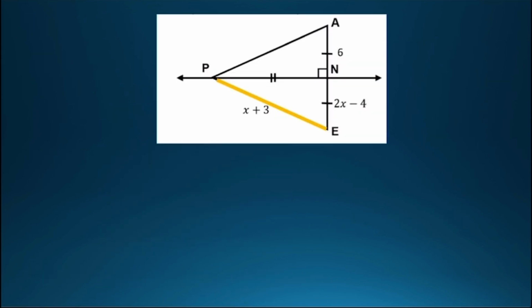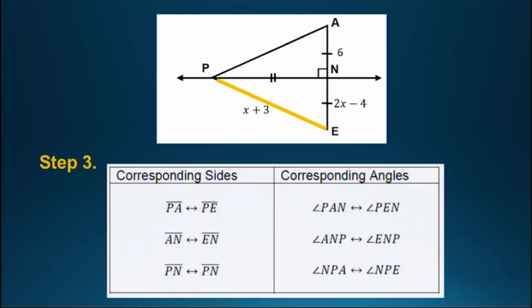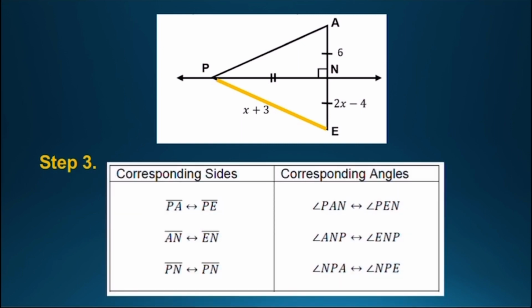For our step 3, looking at the corresponding sides and the corresponding angles, for our corresponding sides, line segment PA is same as line segment PE.